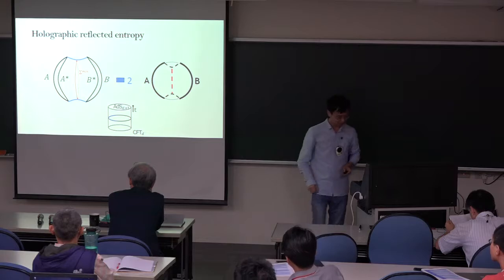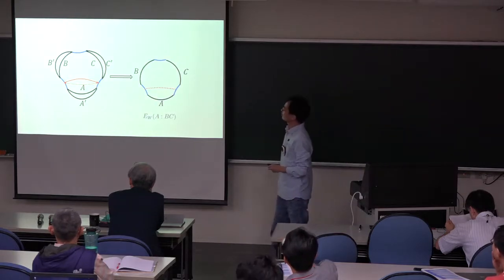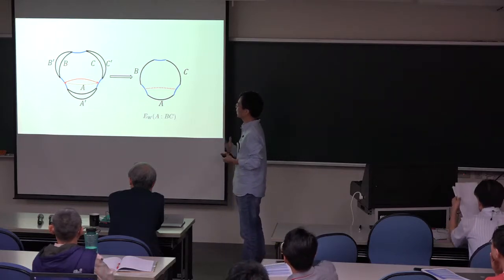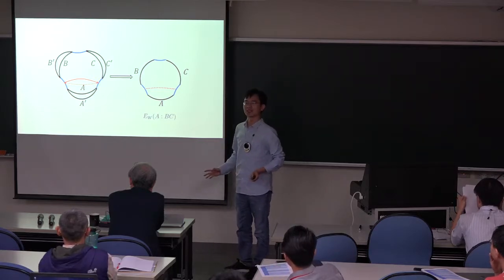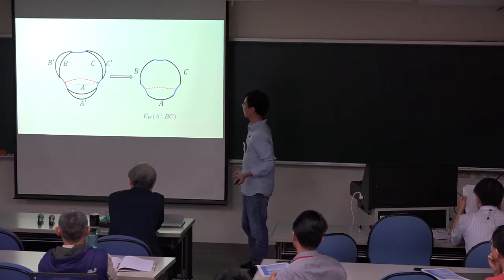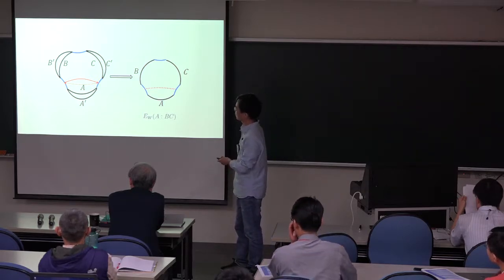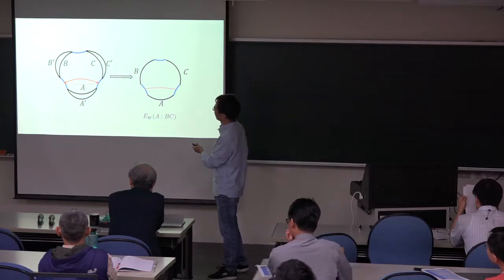So let's do that for the more complicated case. If you have 3, of course, in order to prepare a big pure state, the gluing is never unique. You can choose many different ways. Each eventual big pure state can be very different. Let's take this one as an example. I hope you understand what this graph means.